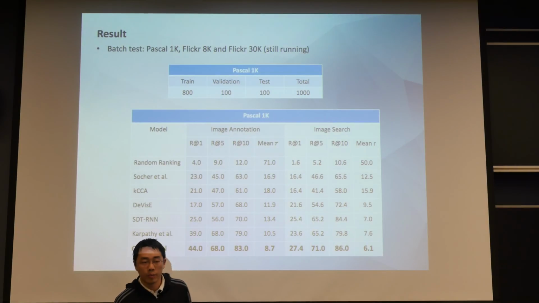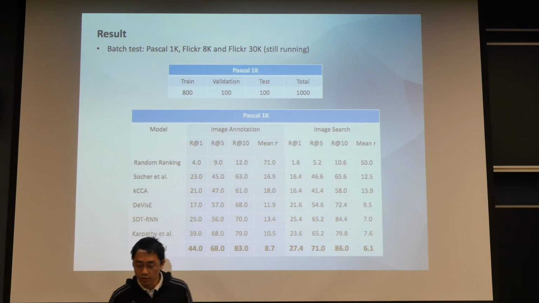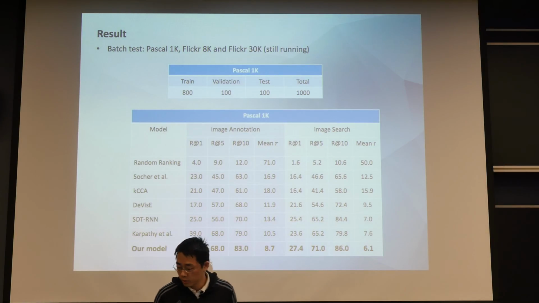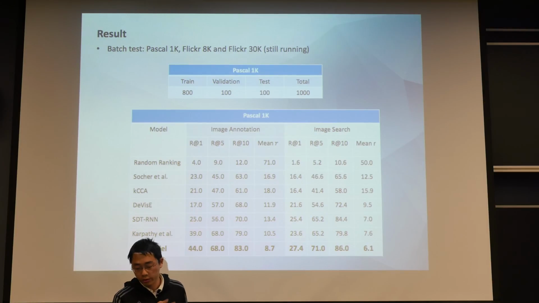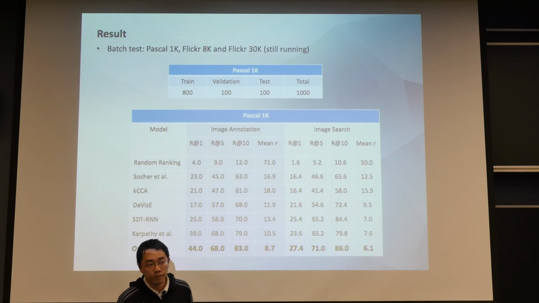We ran our batch tests on three standard datasets: Pascal 1K, Flickr 8K, and Flickr 30K. The test on Flickr 30K is still running, and we will provide the result in our report. There are many indices or criteria to measure the performance of different methods. For example, R at 5 means the percentage of cases in which we can find at least one correct sentence within the top 5 sentences in our ranking list.